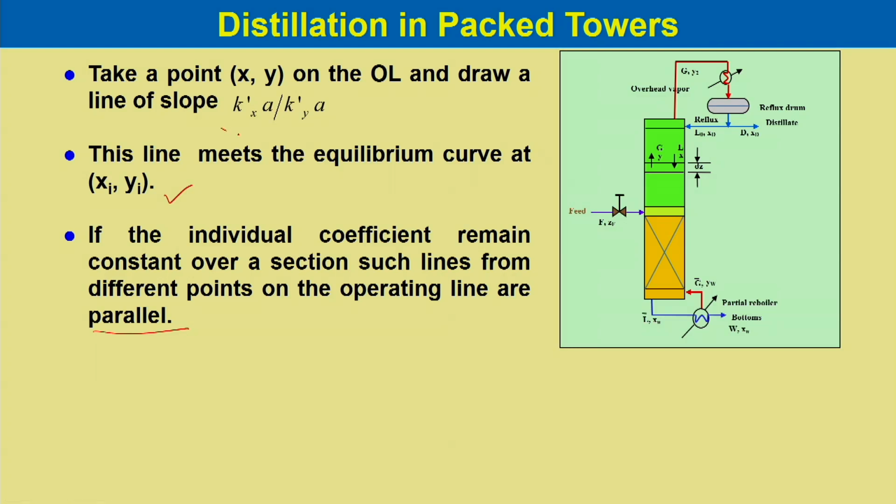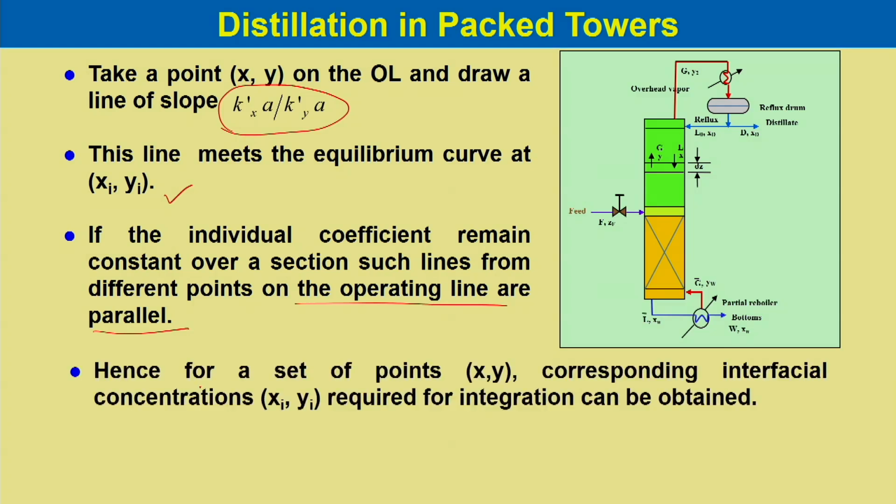So, if this ratio remains constant throughout, then we can draw parallel lines from the operating line to the equilibrium curve. Hence, for a set of points x y, the corresponding interfacial concentrations, that is xi yi, required for the integration can be obtained.